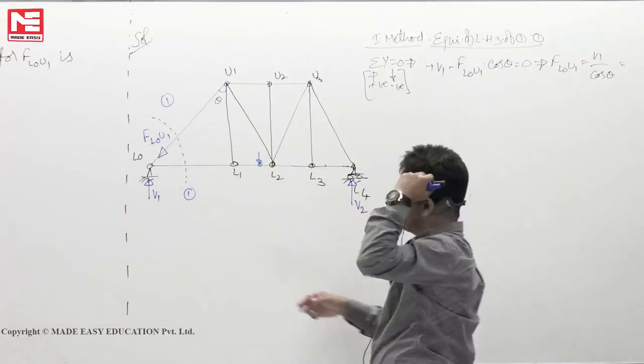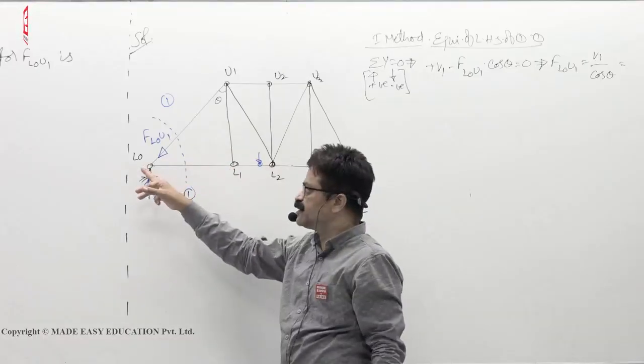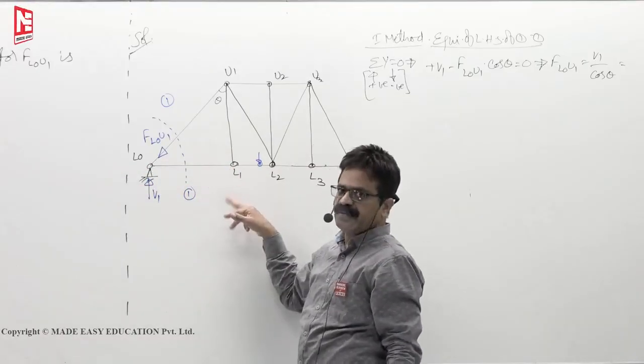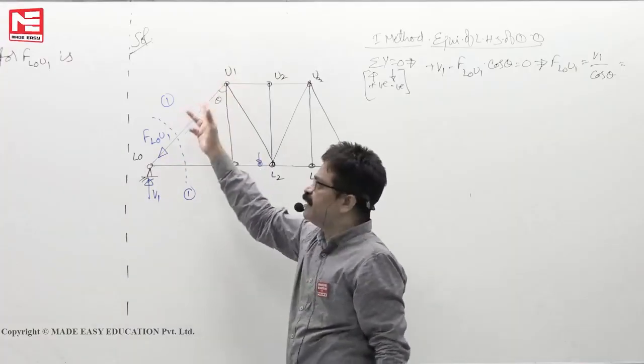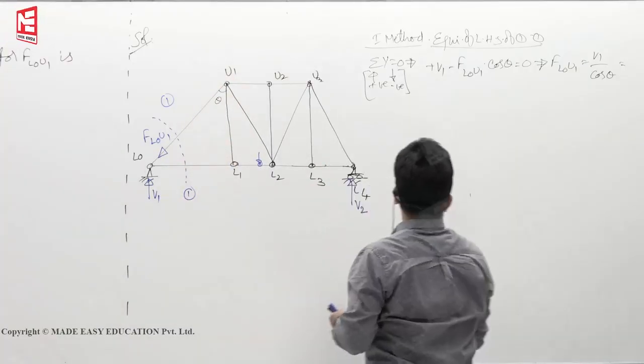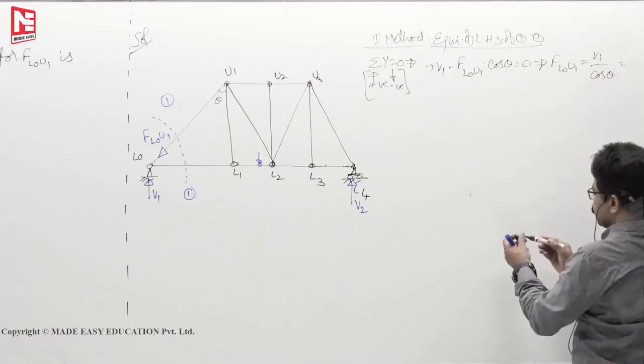So panel shear force in the first panel, or I can read panel shear force in the panel L0 L1, or panel shear in the panel L0 U1. Anyway you can name it. So I will read V1 as shear in the panel L0 L1.